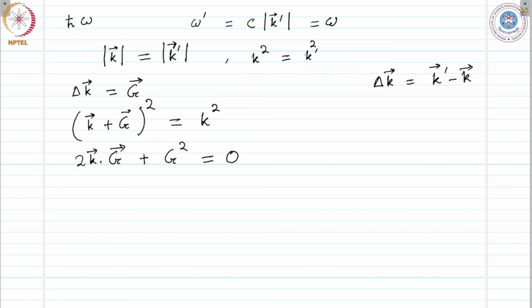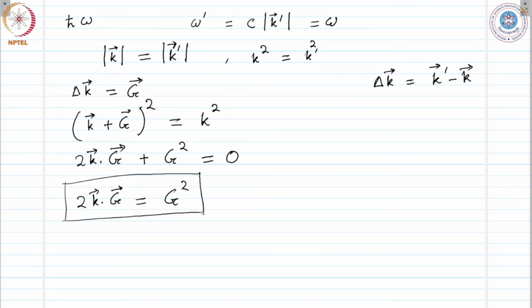Therefore, we can also write twice k dot G equals G squared by putting G equals minus G. And this expression is often used as the diffraction condition. Although every statement that we have here, starting from here, is a diffraction condition, this is particularly useful in many cases.